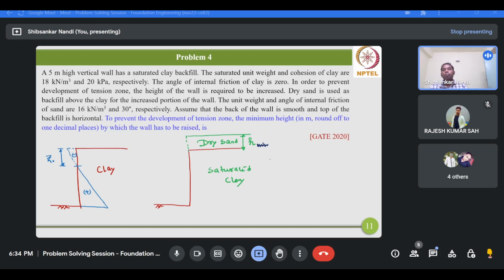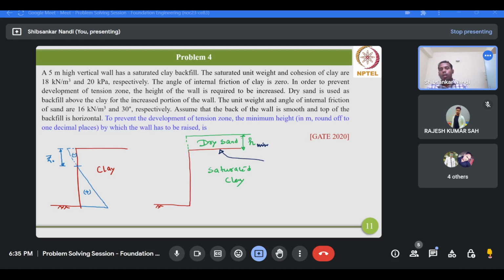So the fundamental basis for this minimum height will be governed by the active earth pressure at this interface. Interface of what? Interface of this dry sand layer and the saturated clay layer. So you have to provide the minimum height in such a way that the pressure should always be greater than 0 at this interface. So at most you can have a 0 pressure.